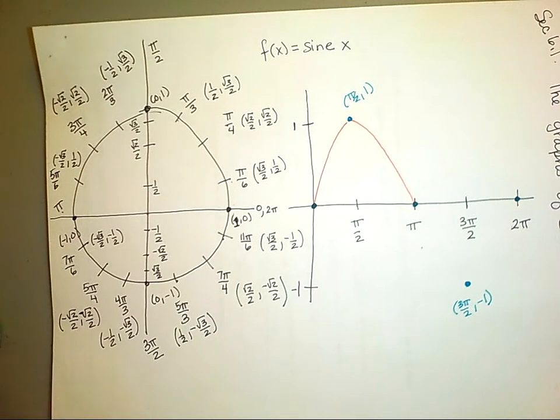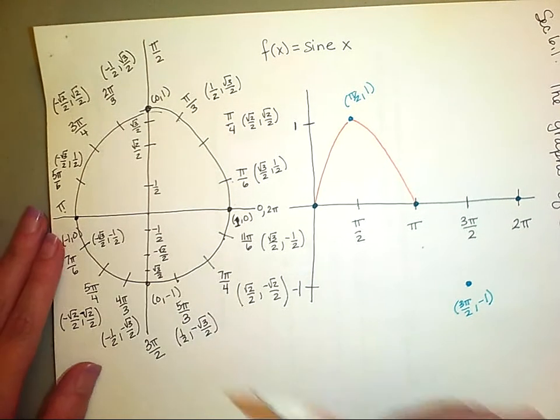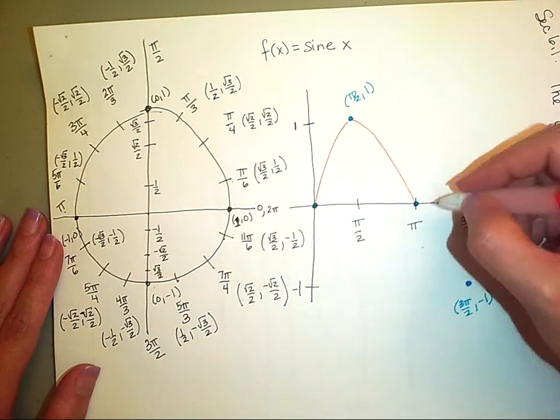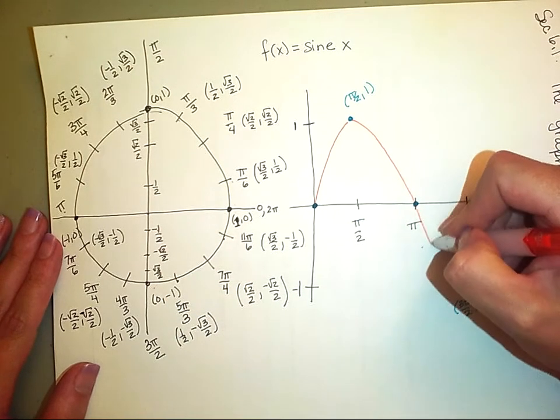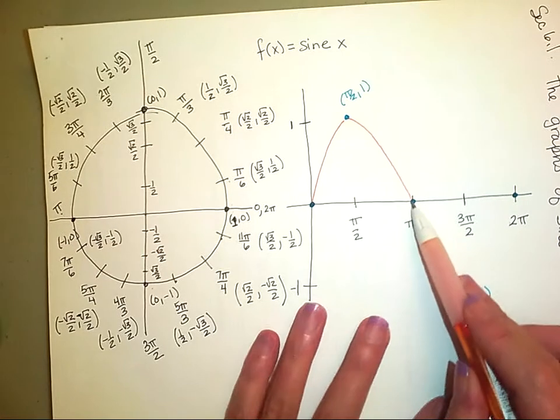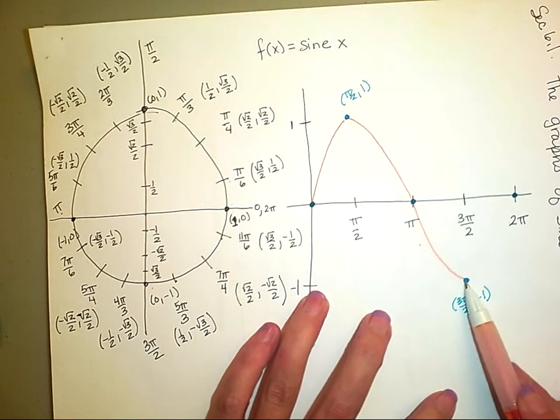So what's happening to the values of sine? Well, the values of sine are becoming more and more negative. So the way we could represent that is, from pi to 3 pi over 2, the values are becoming more and more negative until negative 1.